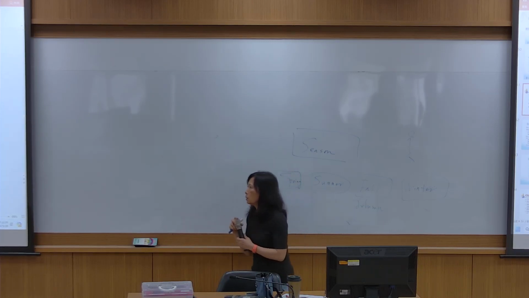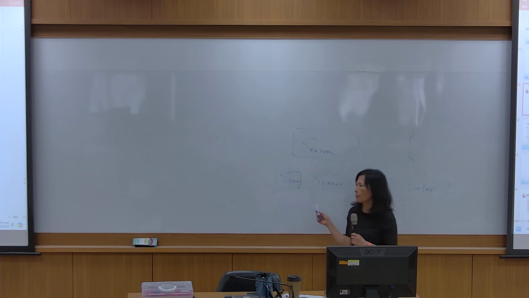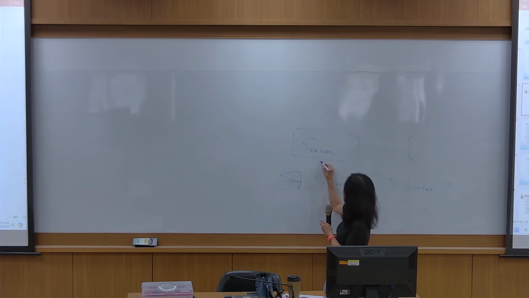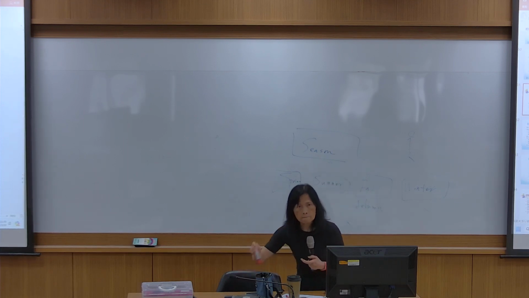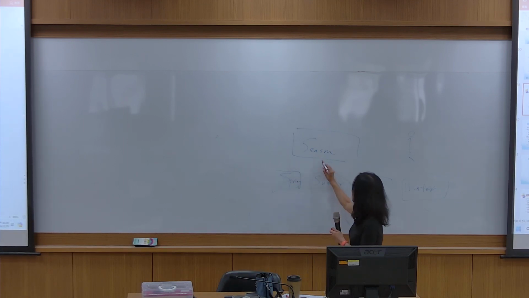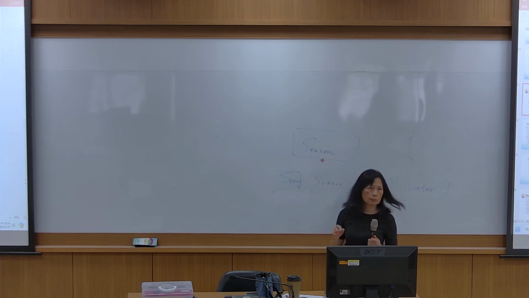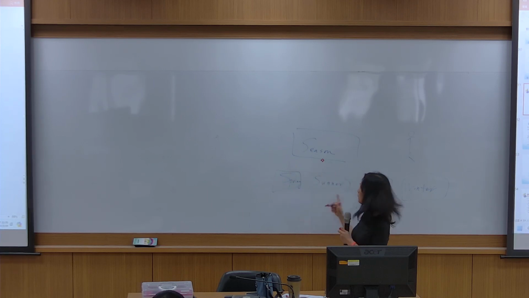So it's aggregation, not inheritance. So here it could be inheritance or aggregation. Aggregation is part of it, part of it. So it could be spring, right? So suppose that's here.